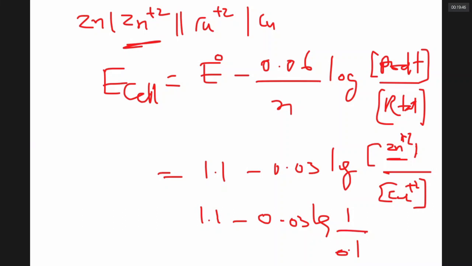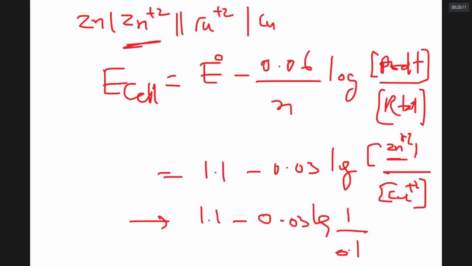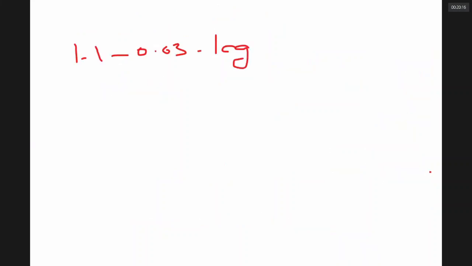If you are decreasing copper ion concentration, what will be its value? 1.07, minus 0.03 into log of 1 by 0.1, this is log 10. What is the value of log 10? 1.